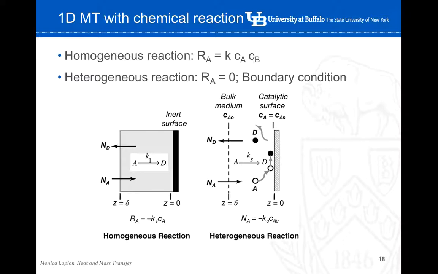And we'll see that although this heterogeneous reaction also has an impact in the mass transfer, the formulation will be different. We're going to consider this heterogeneous reaction more like a boundary condition, and we will not include the influence of the reaction in the general formulation.